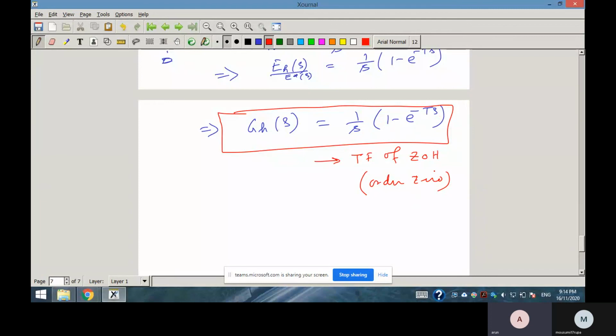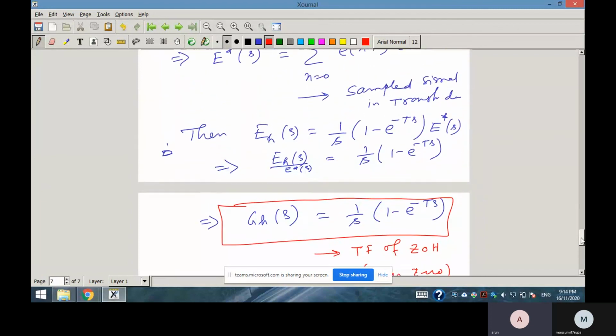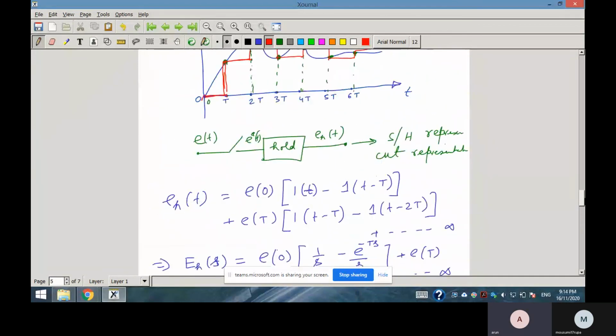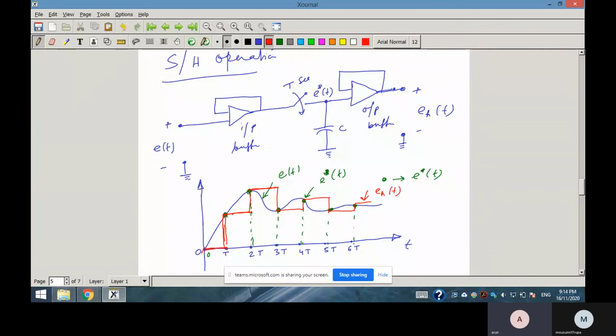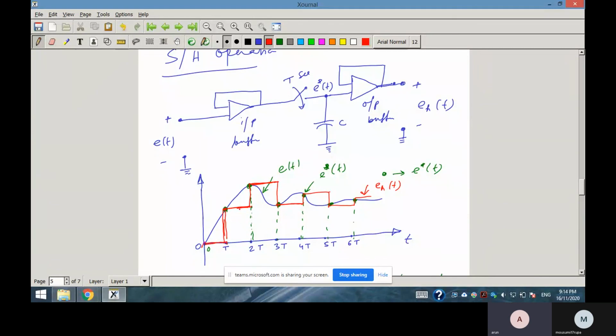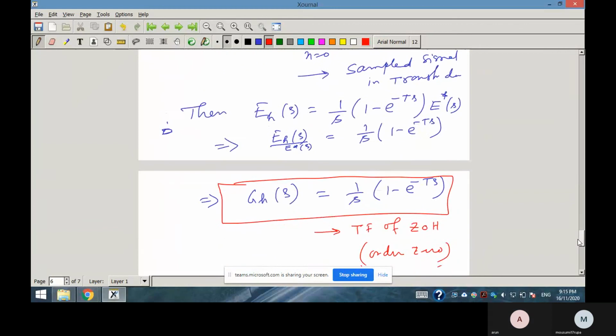Order is actually zero, but the functional difference is that in between it is constant. First order hold will connect using a straight line approximation, and zero order hold will make the output constant in between two sample instants. So that is the difference.